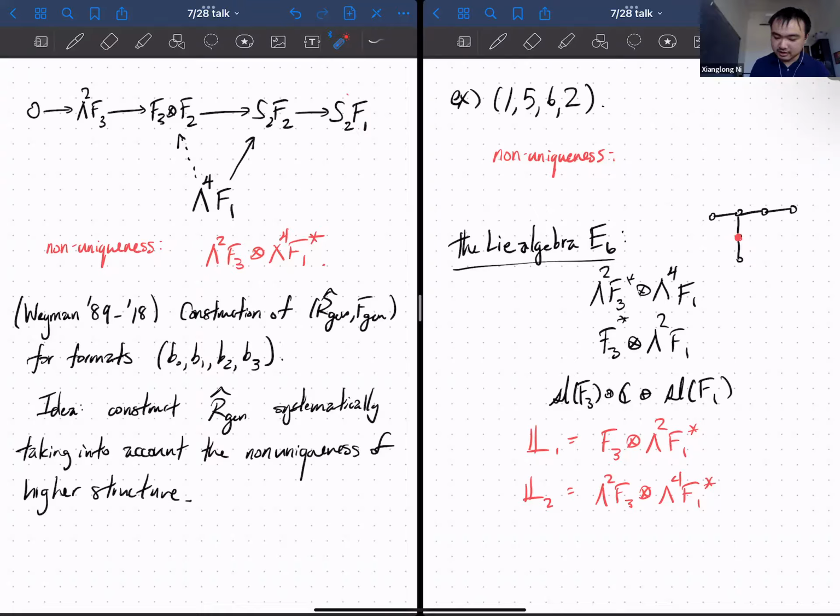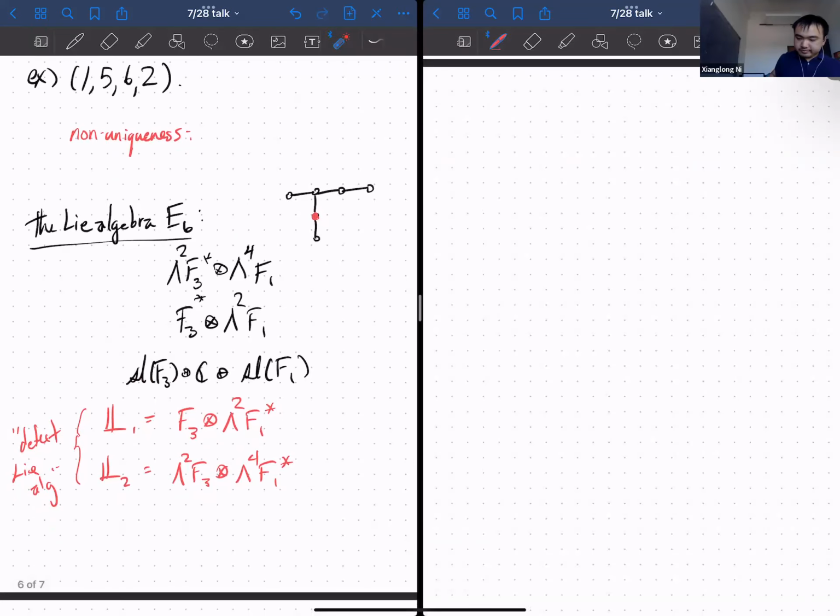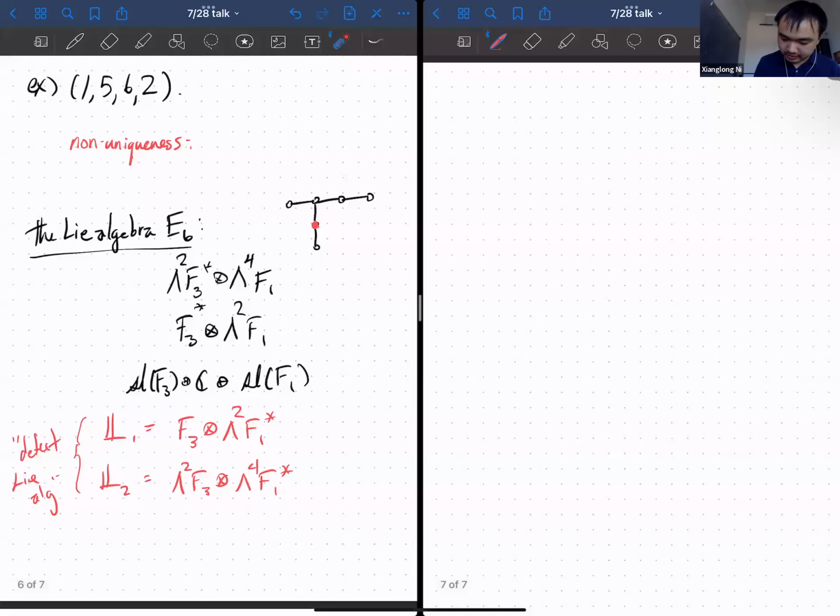And then this so-called defect Lie algebra is just the negative part of E6 in this grading. So what Weyman shows, let me write down what I just said, which is that L is the negative part of E6 in a certain grading.